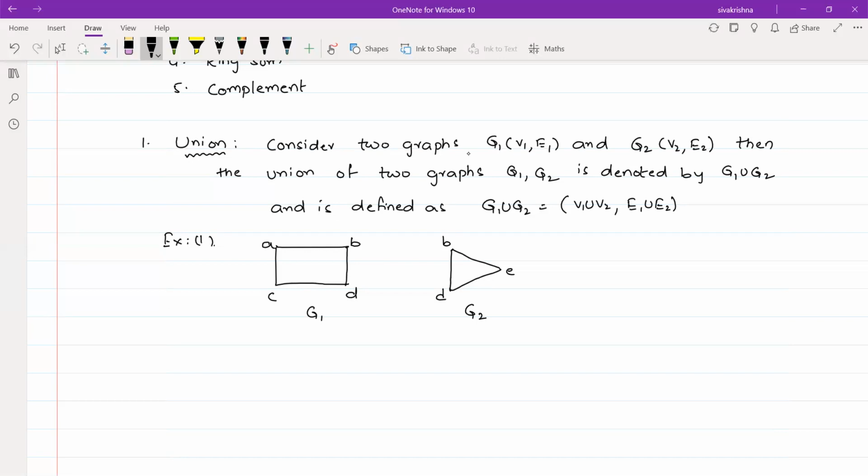Since in G1, V1 means the set of all vertices in graph 1, we are having A comma B comma C comma D. In graph 2 we are having the vertices P comma D comma E. Now if you find the union of these two sets, we get the vertices A comma B comma C comma D comma E. Since B comma D repeated twice in the union, we have to write only once.